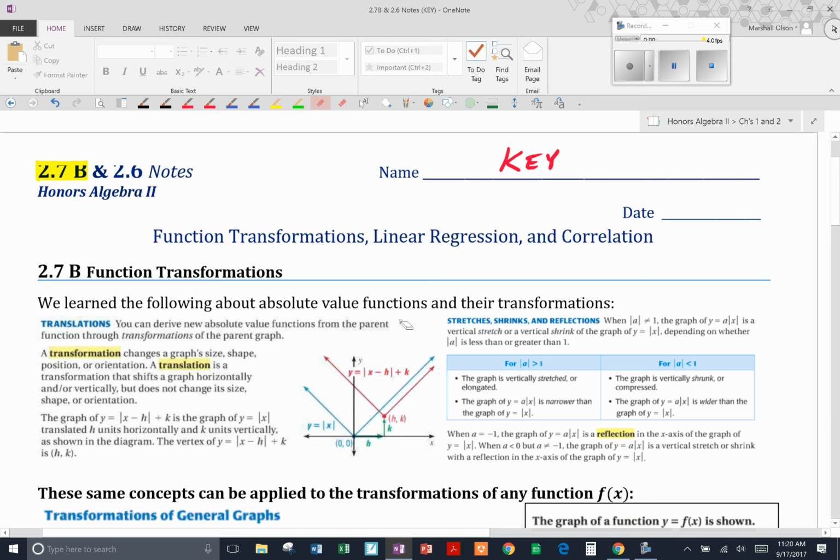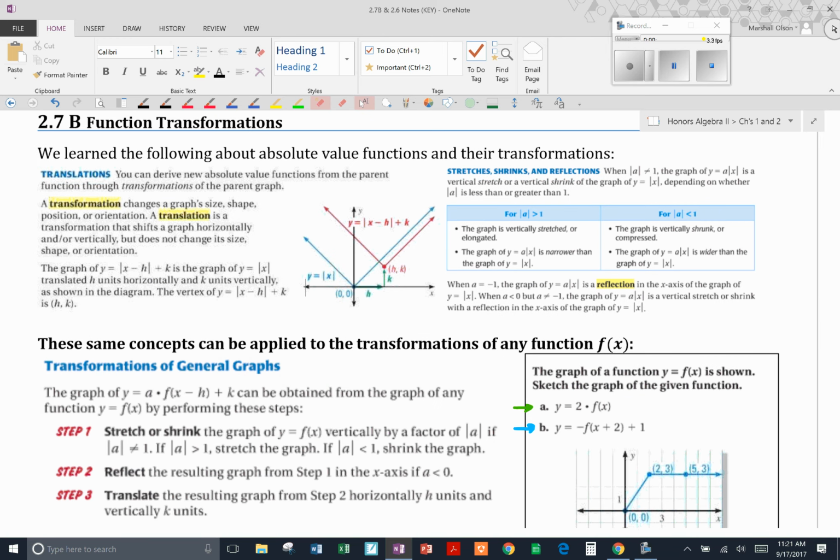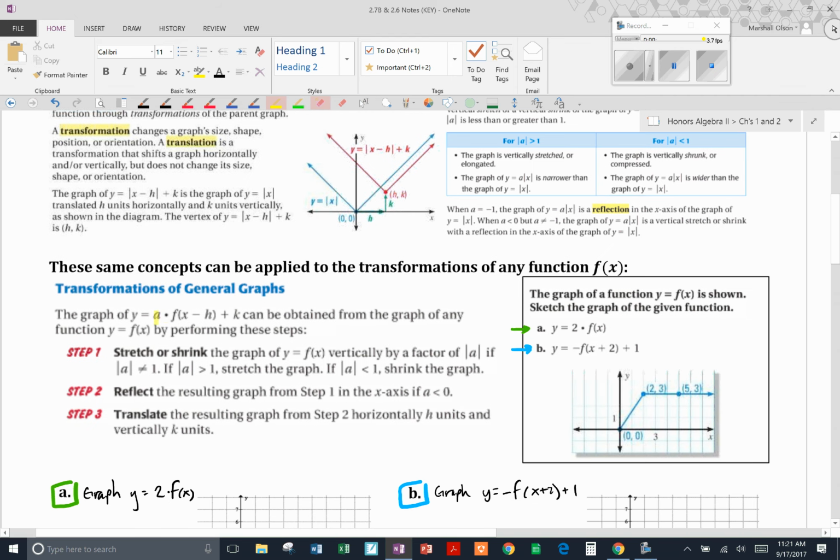So instead of having an absolute value function, we're going to be using f of x, the function notation, and then doing transformations onto that for any general function. So the idea behind the h and k as horizontal and vertical shifts and the a as a vertical stretch is going to be used now in this general function transformation form right here.